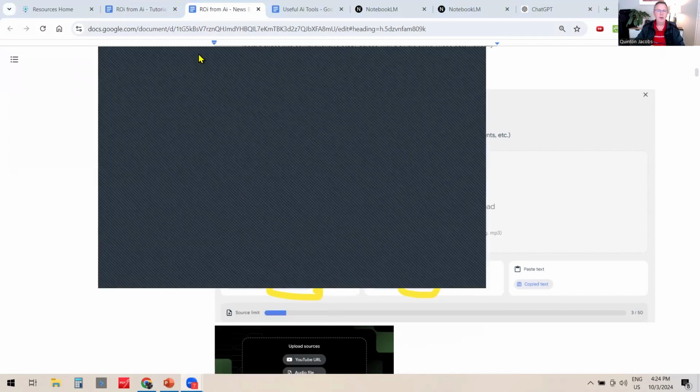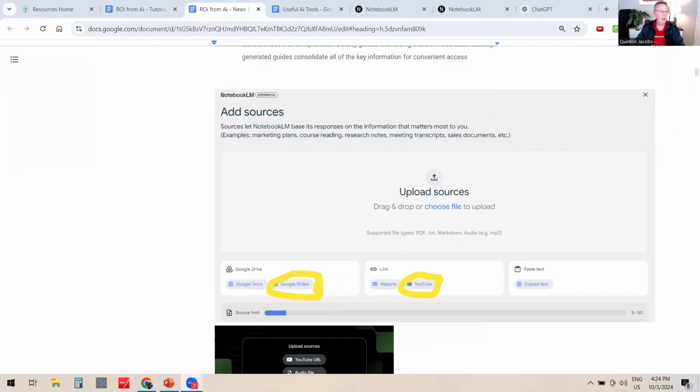Is there anybody that has not seen NotebookLM before that I need to give a quick update on what NotebookLM is? Just raise your hand if you want me to go through what NotebookLM is. No? Okay, good. So then we can go on to the advanced version of NotebookLM.